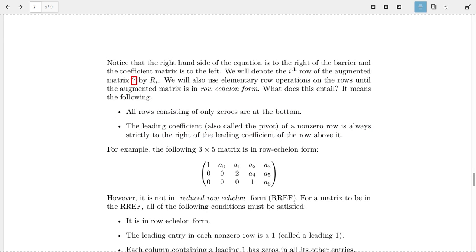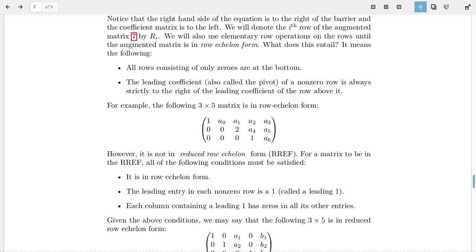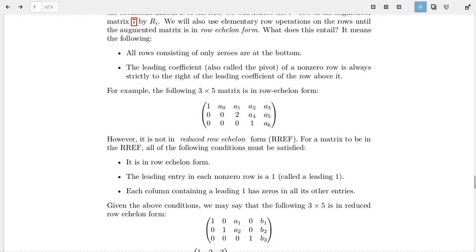These 2 points have to be true. Furthermore, the leading coefficient in each non-zero row has to be equal to 1. So there's a 2 here, right? This leading coefficient, or this pivot, is 2. So this is not in reduced row echelon form. This is in row echelon form, but not in reduced row echelon form.